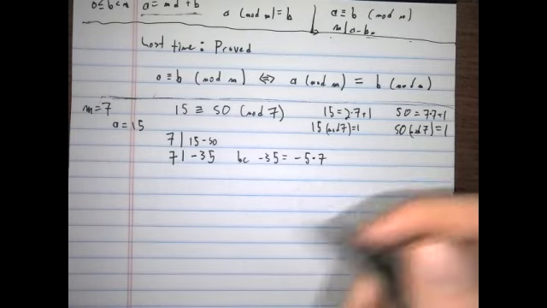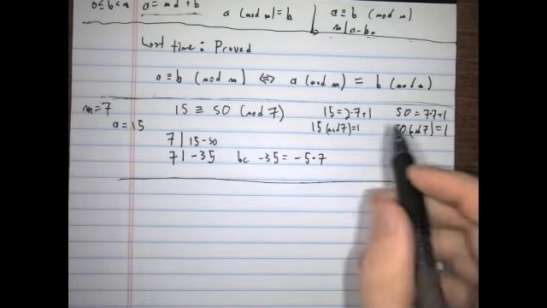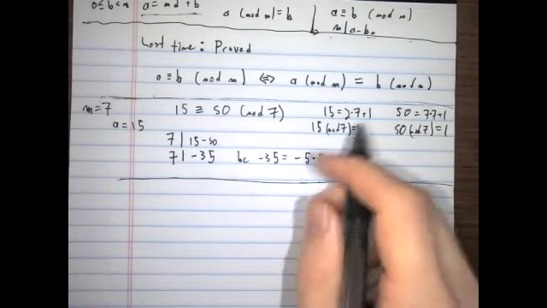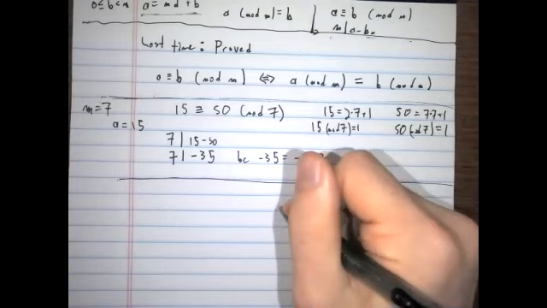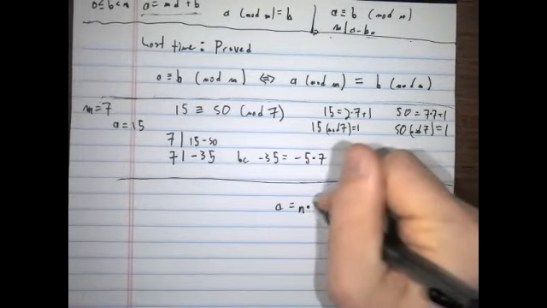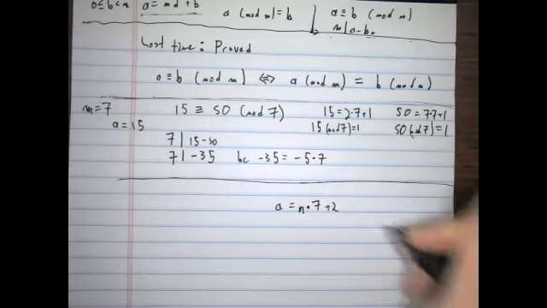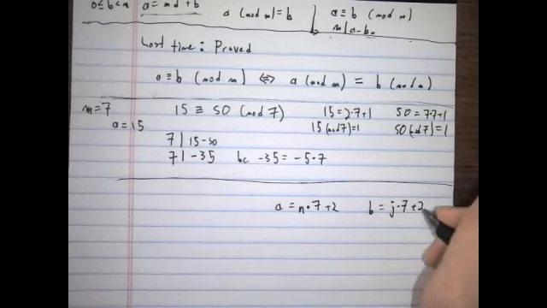Something like, if I work in slightly more generality, not with actual numbers, but if I pick two numbers that have remainder 2, so let's say A is equal to n times 7 plus 2, and B is equal to j times 7 plus 2, right?